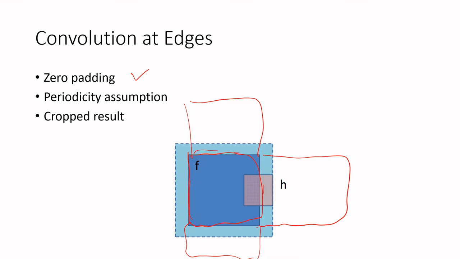In that case, you can place your convolution mask even at the edges. That means you can get the result which will be of size 8 by 8. And of course, if you don't use 0 padding or do not make the periodicity assumption, your result will be a cropped result. That is, it will be smaller in size than the input. And how much smaller will depend upon the size of your kernel mask.